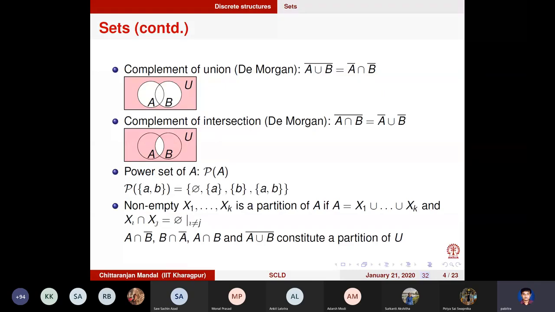If you take the universal set U, which is this rectangle, and given any two sets A and B, then the following subsets of U, A intersection B bar, that is this area, B intersection A bar, which is this area, A intersection B, which is this common area, and A union B bar, which is this pink area, four sets constitute a partition of U. So given any two sets A and B, they naturally produce a partition on the universal set U. They always produce a partition.